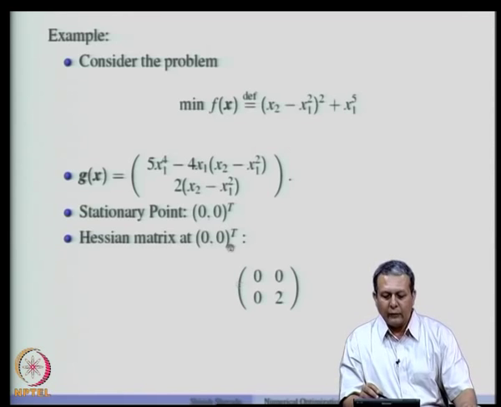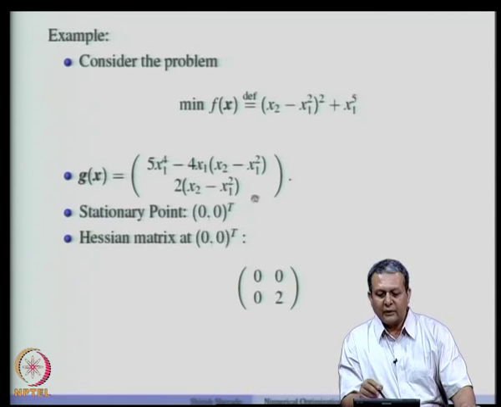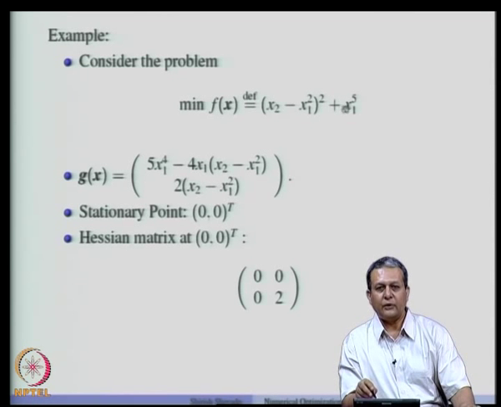Now, if we look at the function, at the origin the function value is 0. If we increase x1, then the function value increases, and if we decrease x1, then the function value decreases.